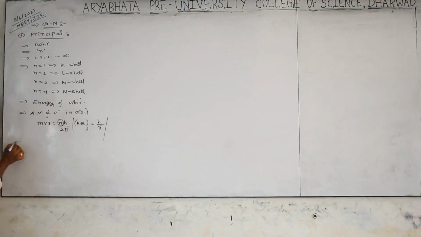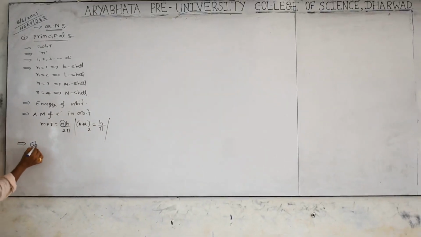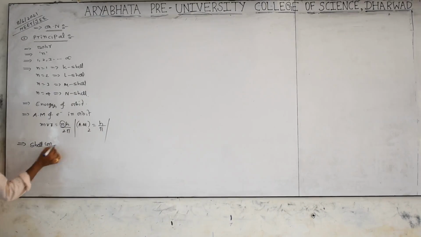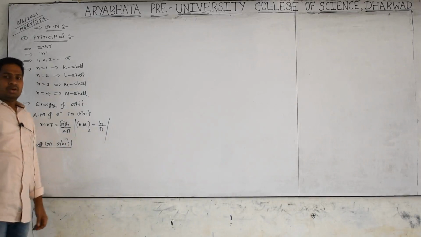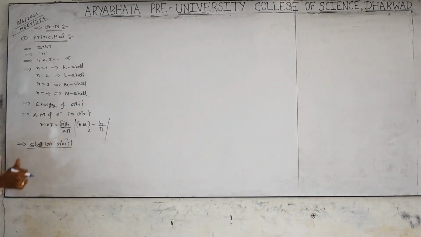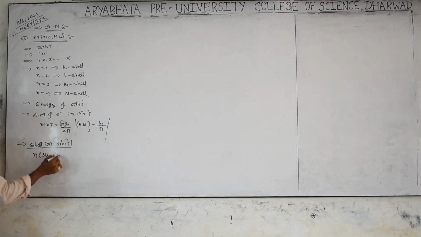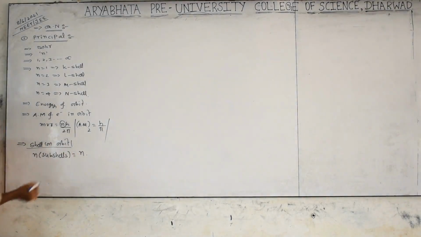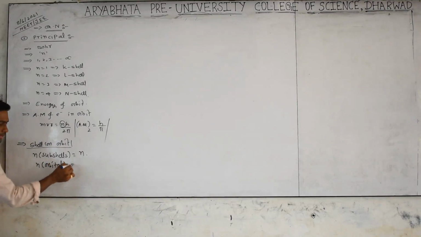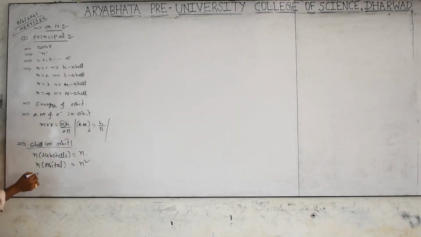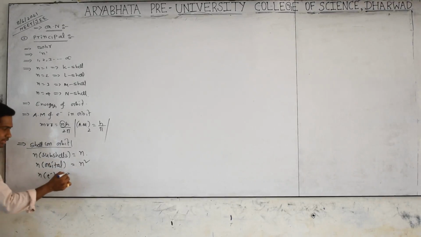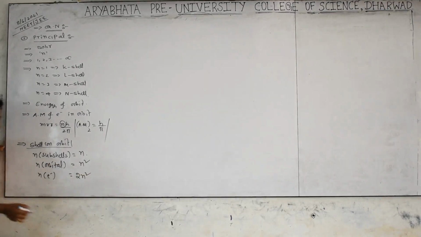From the principal quantum number we can mainly explain information related to the shell or orbit. Related to the main shell, we can express the number of subshells: the number of subshells in a shell is n, the number of orbitals in a shell is n square, and the number of electrons in a shell is 2n square.